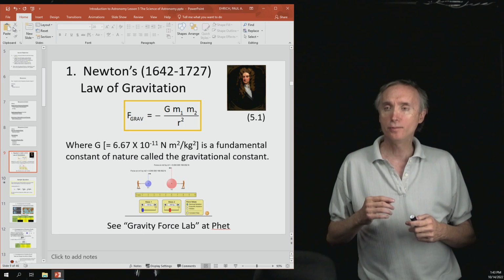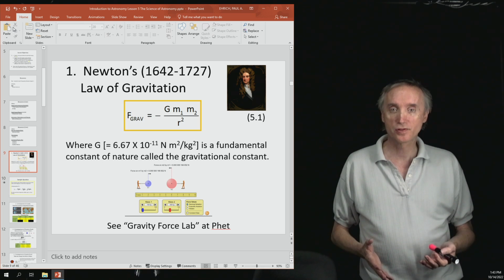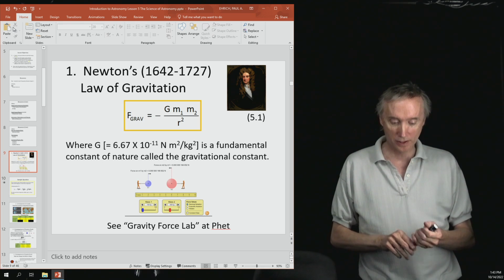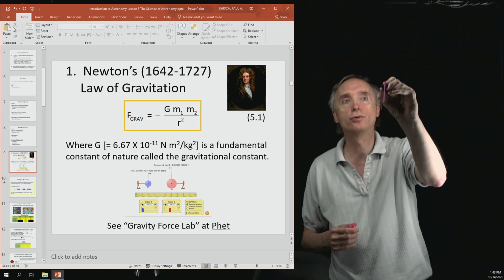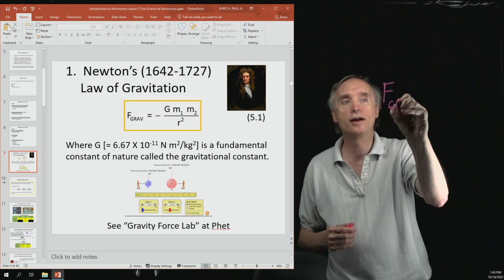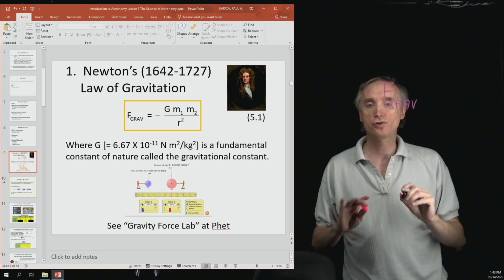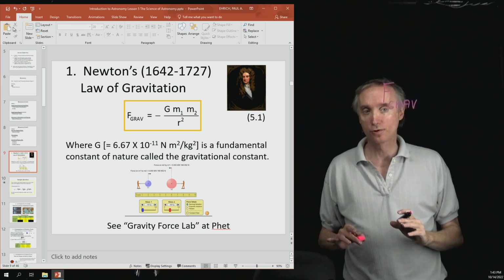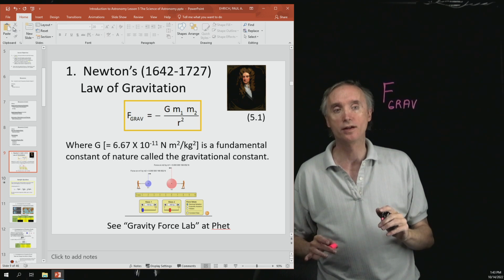So I'm going to give you a little algebra here, and I hope I'm not going to scare you off with this, but let's write that here is the force of gravity, and I'm going to give you two possibilities for the force of gravity, and you tell me which one makes more sense.